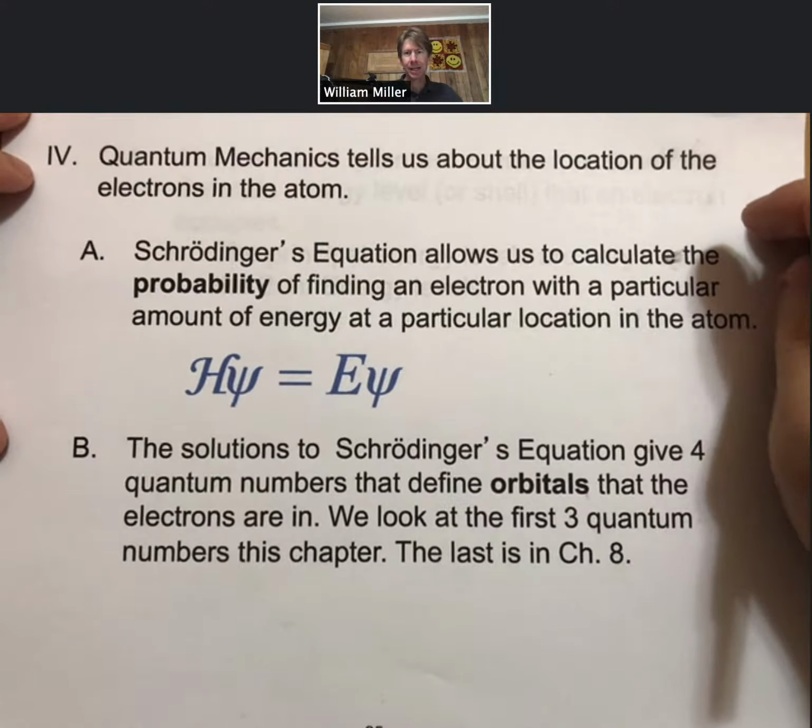Let's do the first principal energy level. That's for n equals 1. And for n equals 1, L goes from 0 to n minus 1, so 1 minus 1. L goes from 0 to 0, which just means that L is 0. And so that is an S sublevel.